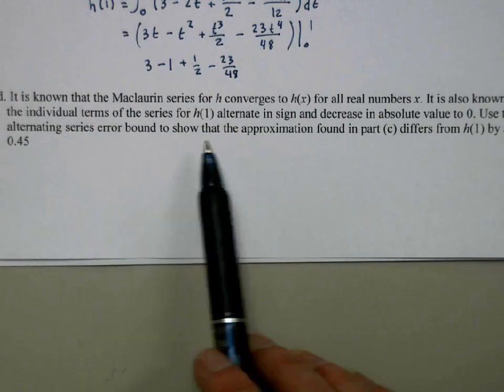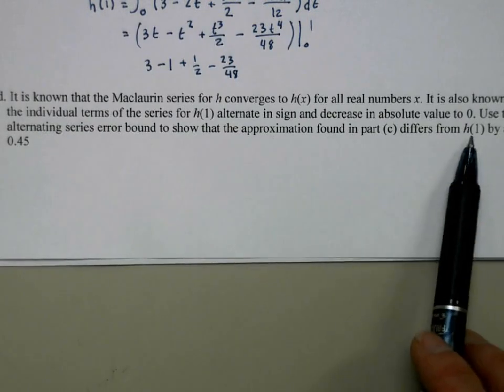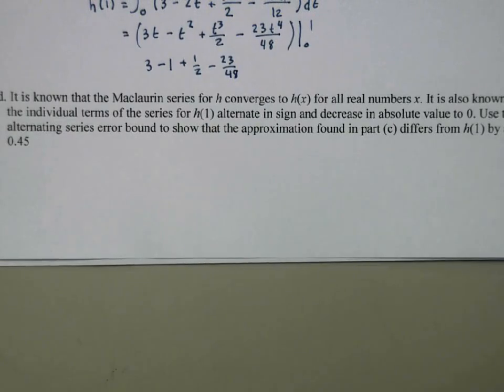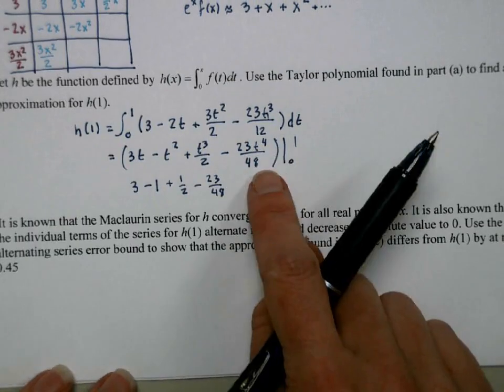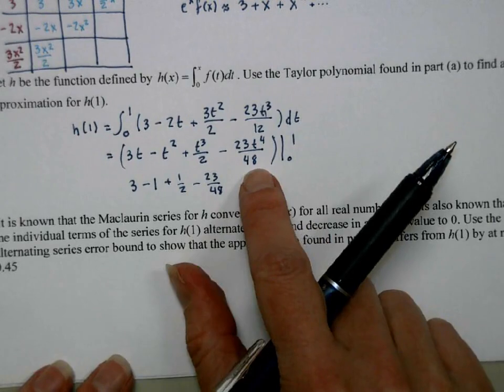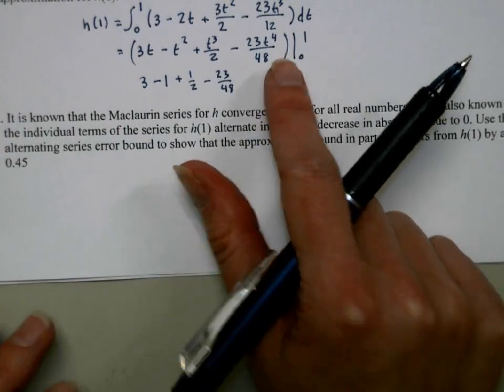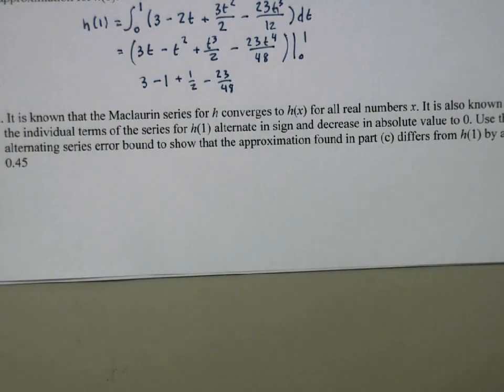Okay, well this is the alternating series error bound, which means we want the next term in this series. So first I need to find the 5th term because we don't have the 5th term. That's going to be the integral from 0 to 1.